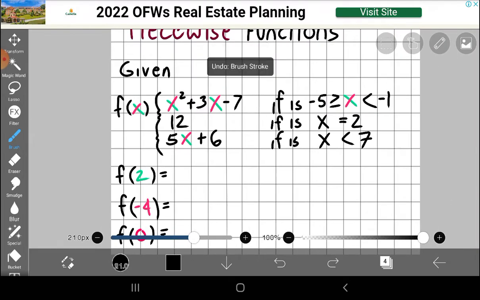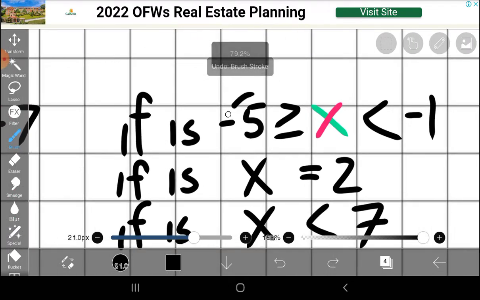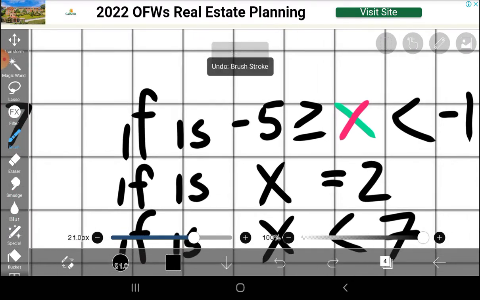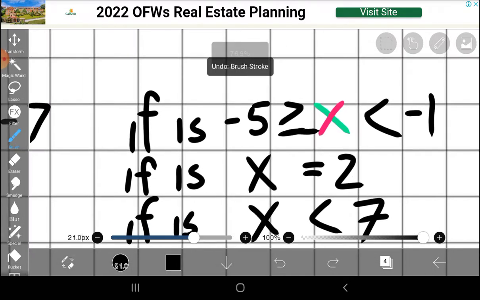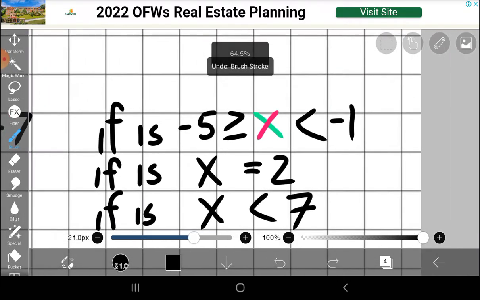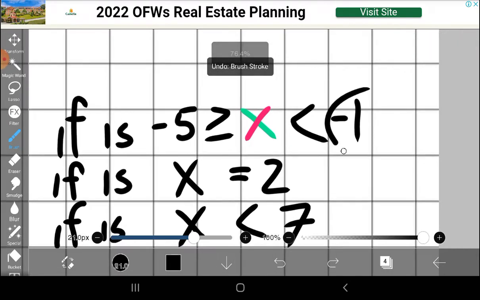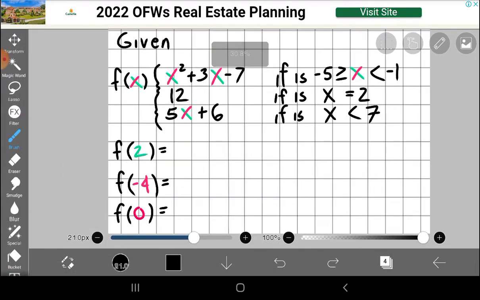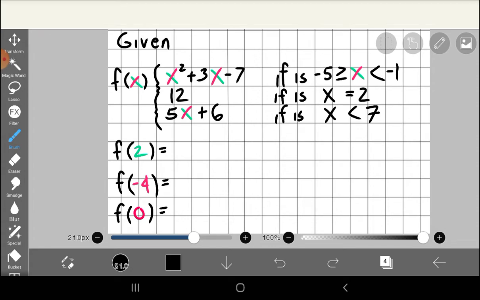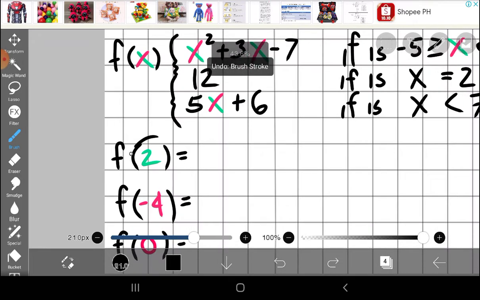There's the x, it should be negative 5 is more than or equal to the x, and then x is less than negative 1. So what is less than negative 1 here? Let's try 0. Let's try 2.